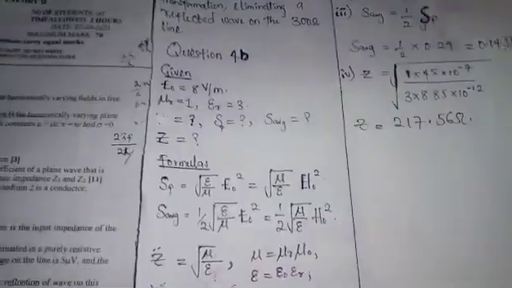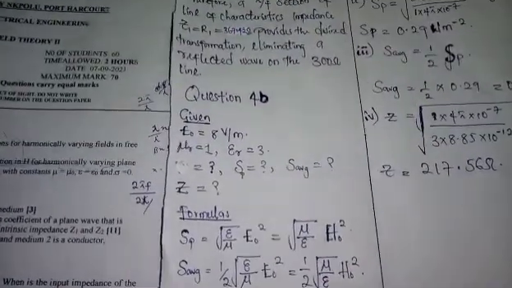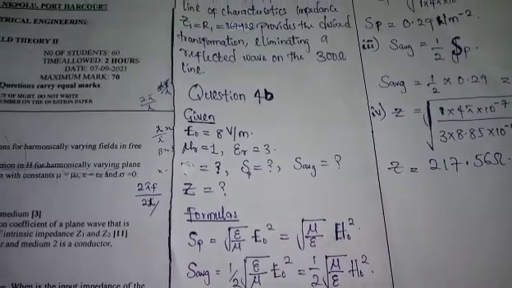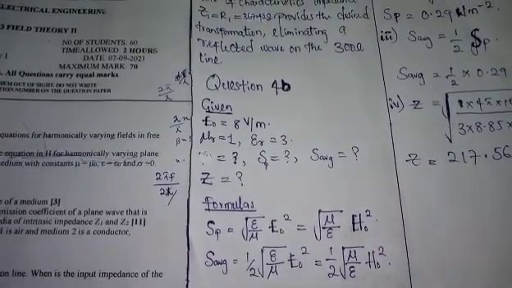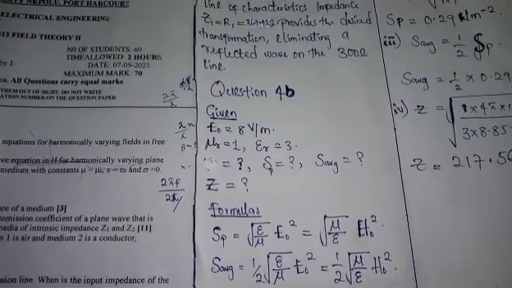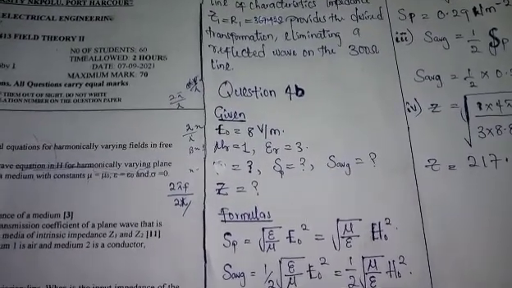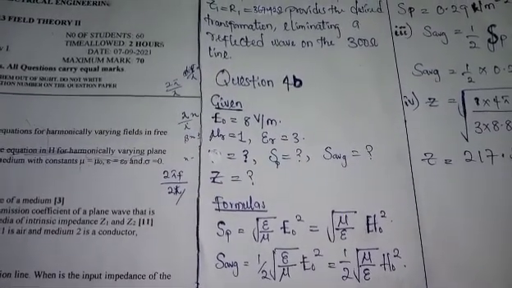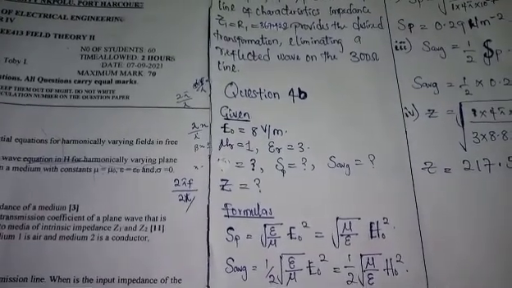Okay guys, now if you look at question 4b, here are the given parameters. We have your peak electric field to be 8 volts per meter. Then the relative permeability is 1 and the relative permittivity is 3.